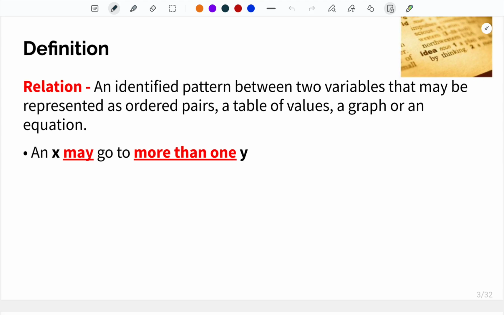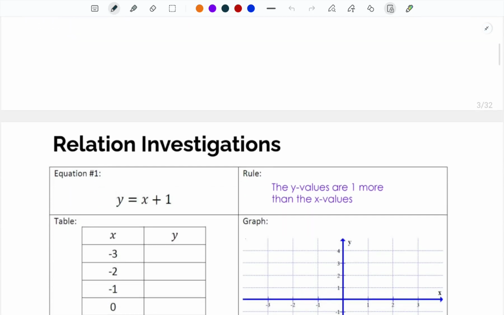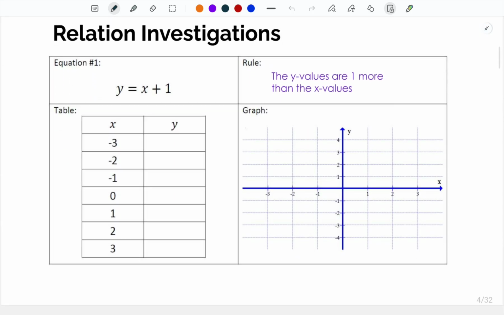And they can be simple equations, they can be more complex. And another way we might say this is we can have an x which may go to more than one y. That might not make sense just yet, but we'll be able to use that to compare it to a function.